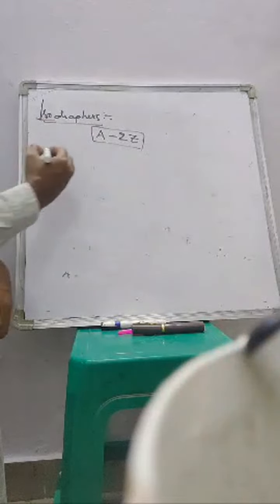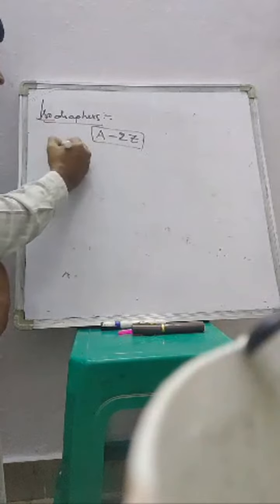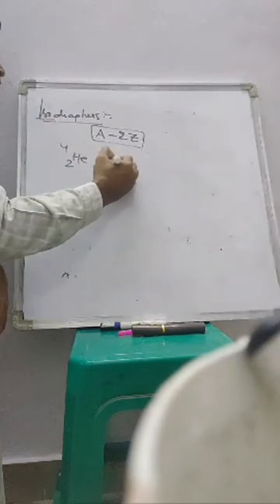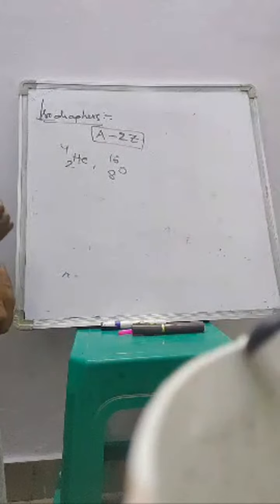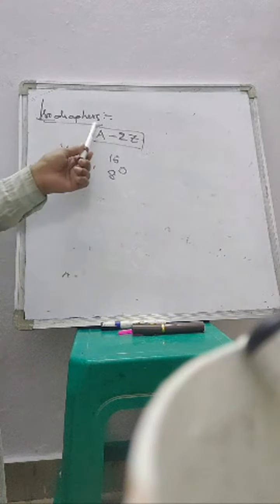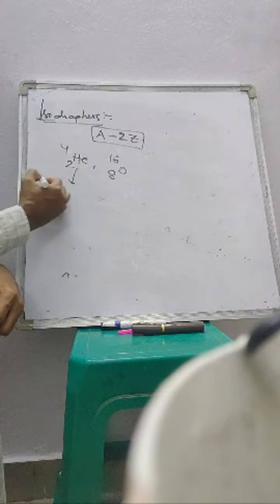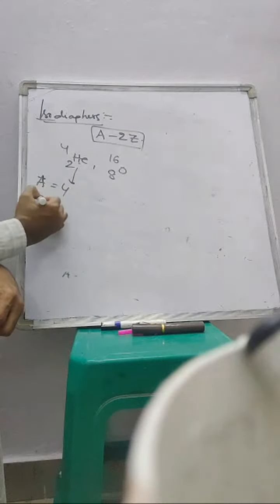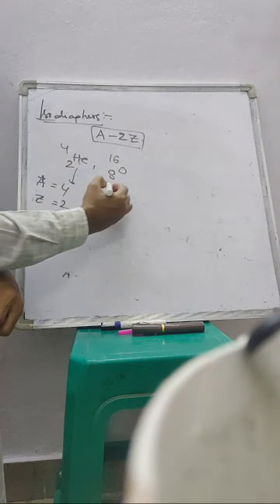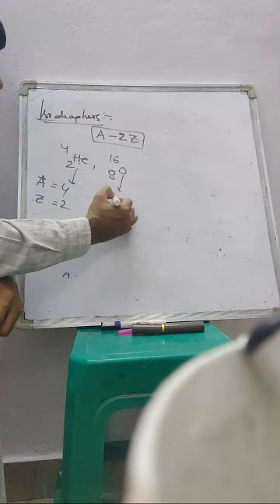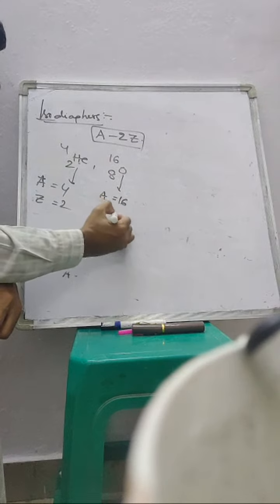For example, if you take 2He4 and 8O16, these two species correspond to isodiaphers. Here A is 4 and Z is 2; in the other case A is 16 and Z is 8.